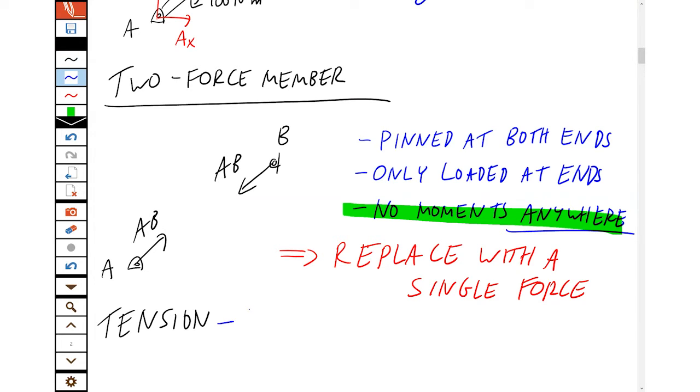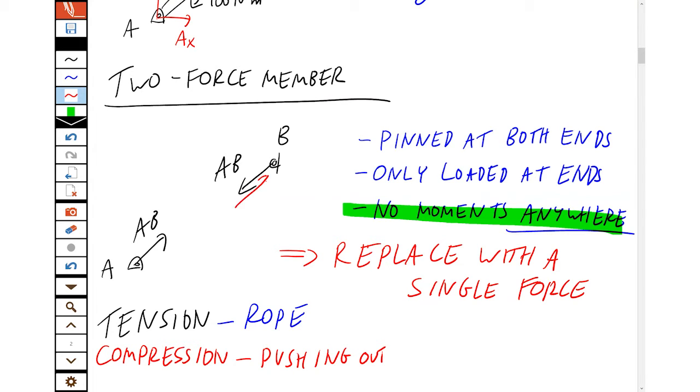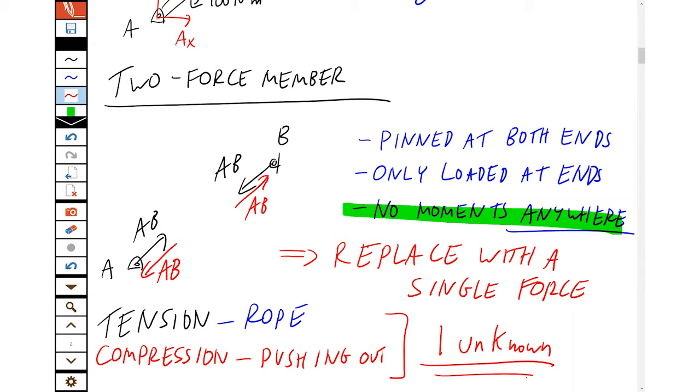And that's just like a rope or a cable we saw earlier. Or it could be in compression. The beam is being squeezed, and then it's pushing out at each side. So again, you just have the single unknown AB pushing out on each edge. But either way, you still only have one unknown. And that is way better than the 4 unknowns we saw earlier.